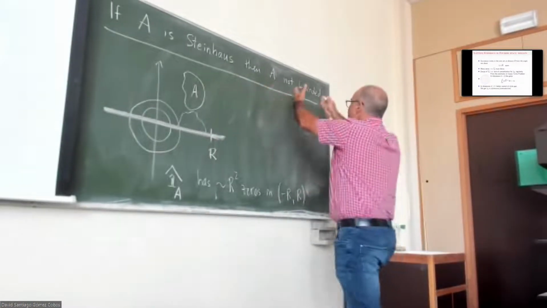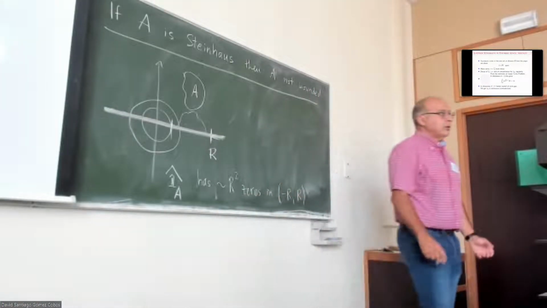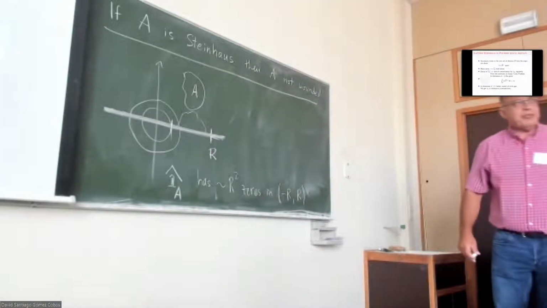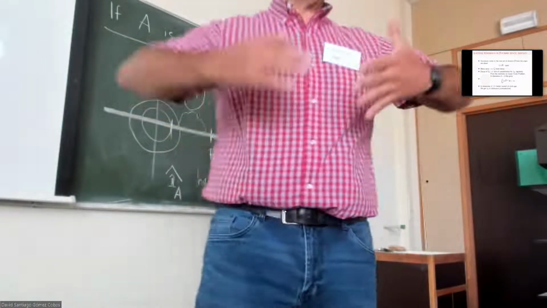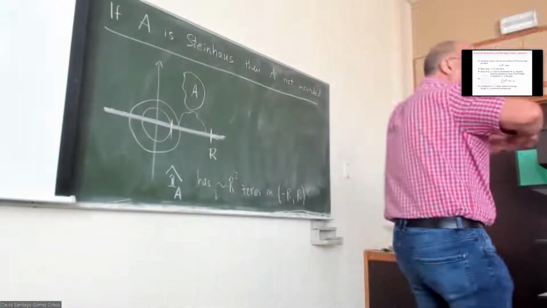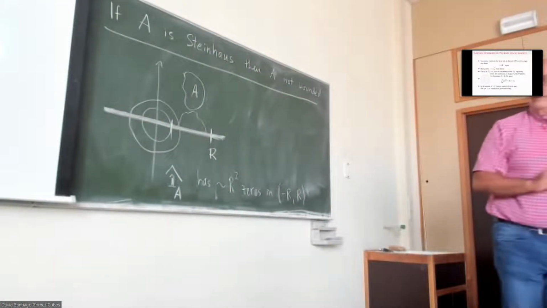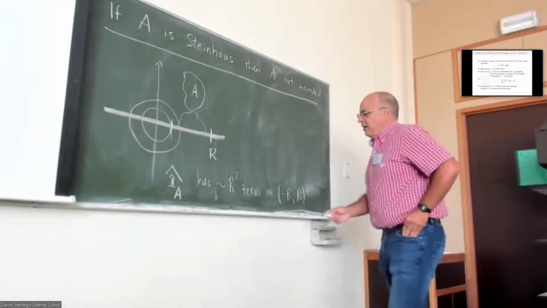Now if A were bounded, this function would have compact support. What do we know about the Fourier transform of a function of compact support? It's analytic. Not only that, but we know things about its growth in the complex plane.